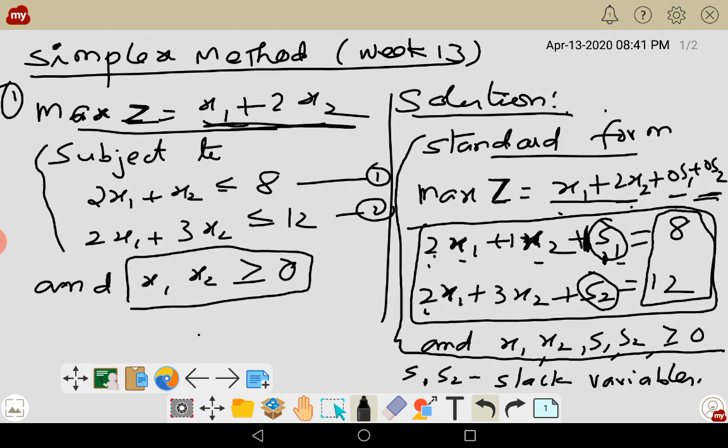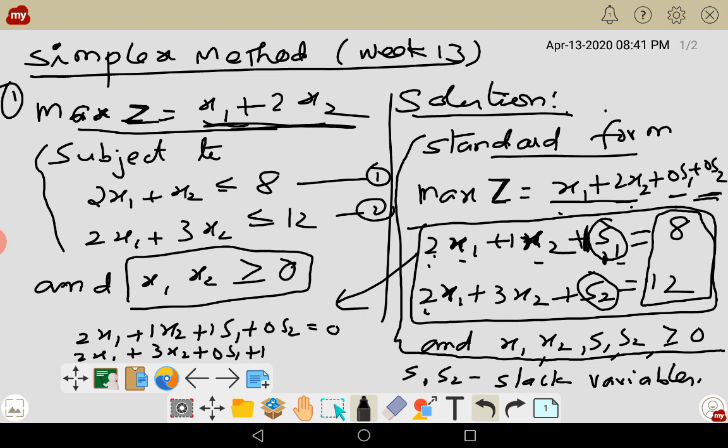If you write this constraint properly, it will be 2x1 + 1x2 + 1s1 + 0s2 = 8. This is the actual equation, there is no s2, so 0s2. Second equation: 2x1 + 3x2 + 0s1 + 1s2 = 12. If you write them, it will be the original form.